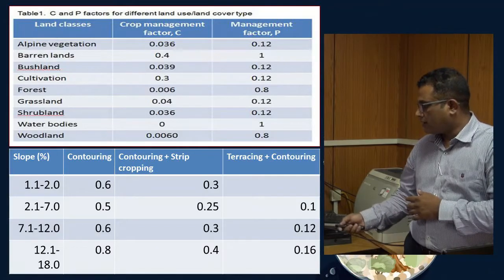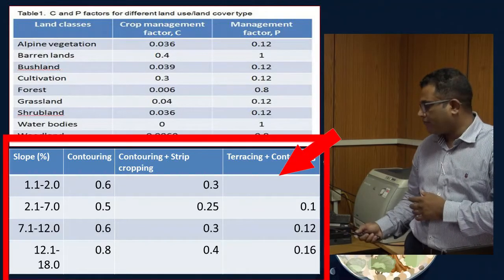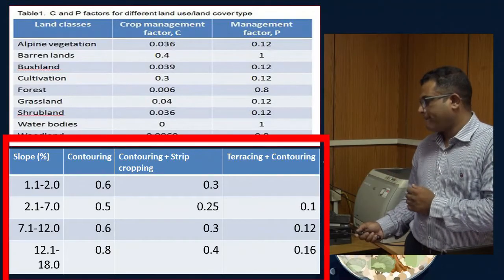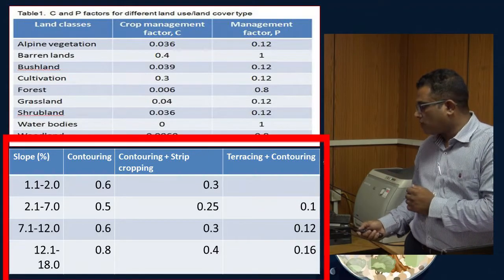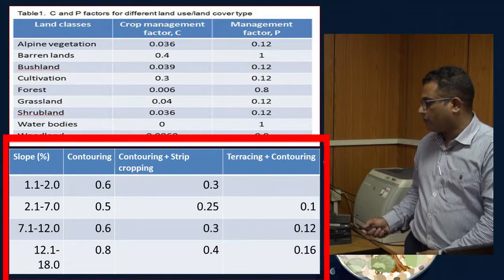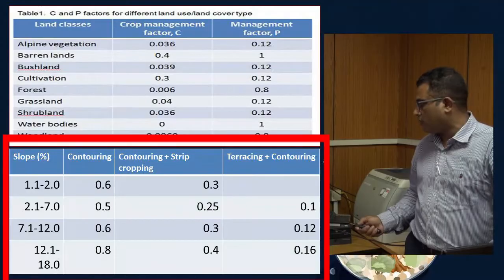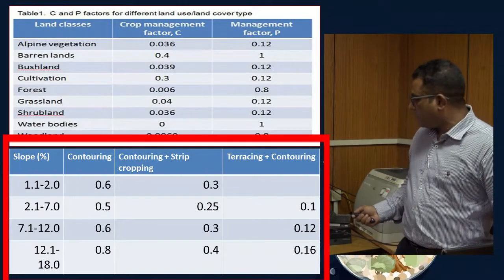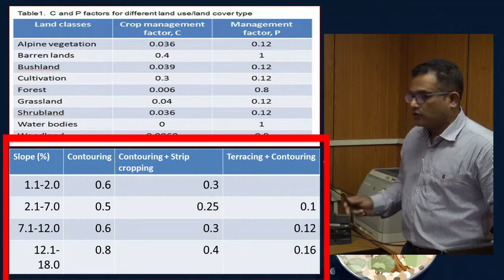This is a clearer table. Here they have depicted the slope and also the crop management or conservation practices which are followed. In one case contouring is followed, in another case contour plus strip cropping is followed, and in the third, terracing plus contouring both are followed.